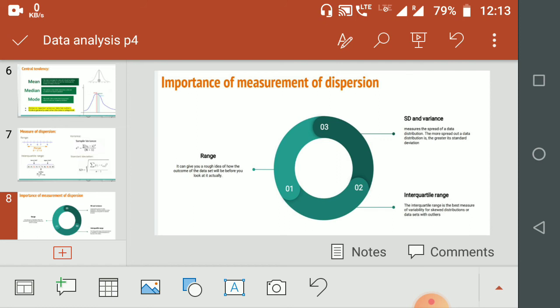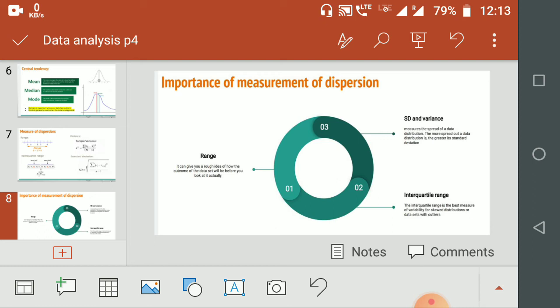Then the importance of measures of dispersion. The range can give you a rough idea of how the outcome of the data set will be before you look at it. The interquartile range is the best measure of variability for skewed distributions or data sets with outliers.